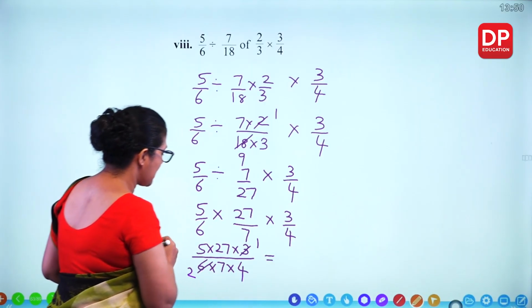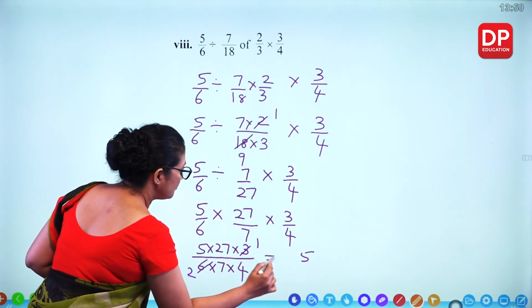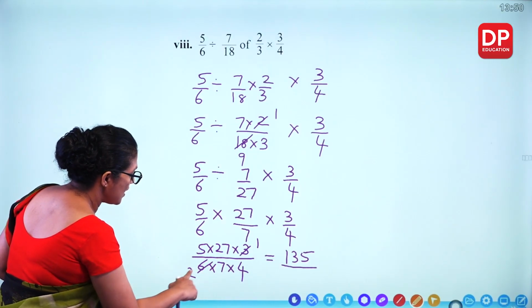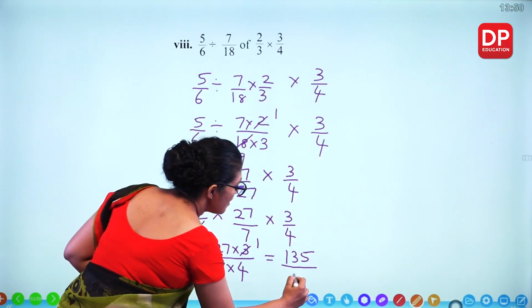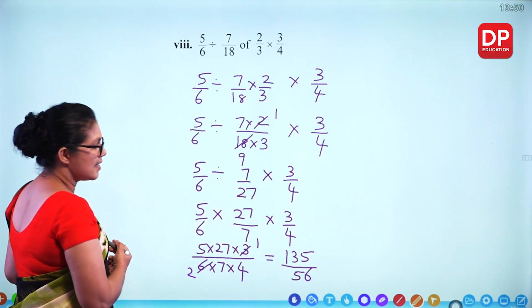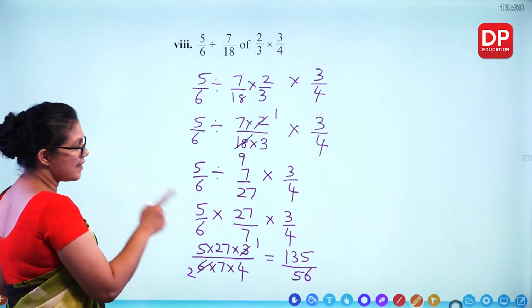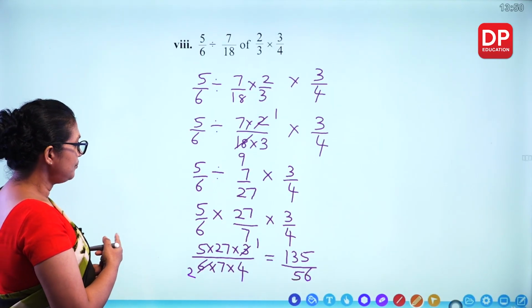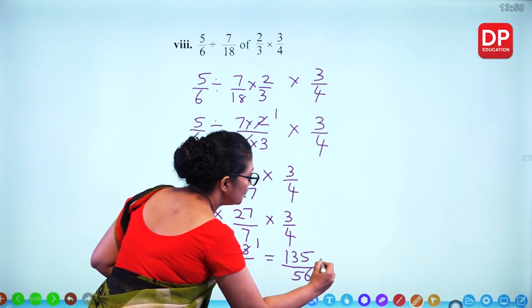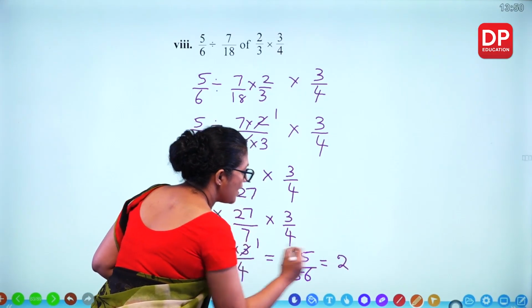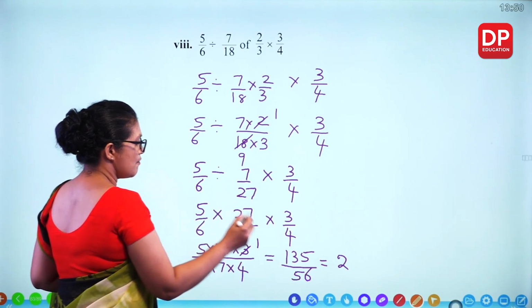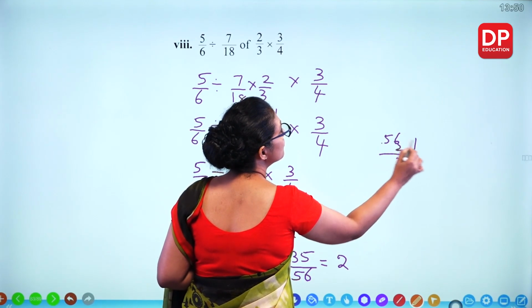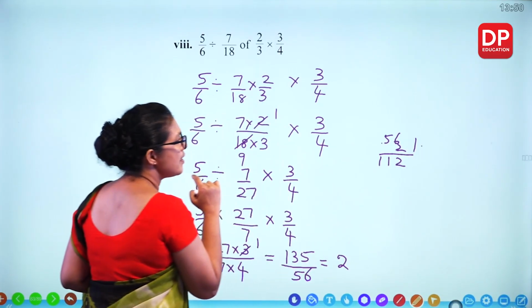5 times 27, 135. Divide by, you get 8. 8 times 7, 56. So how many 56 are there in 135? 2. So 2, and what's remaining? 56 times 2? 112.